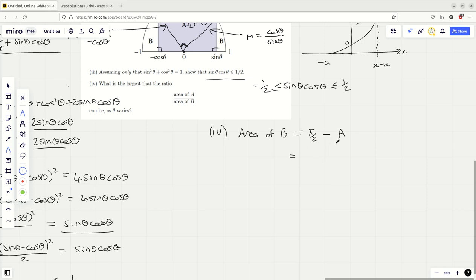Now, that's going to give me pi over 2 minus, I think it was pi over 4 minus sine theta cos theta. So in other words, we're going to get, after you've applied the negative, sine theta cos theta plus pi over 2. So let's have a look at what we got.